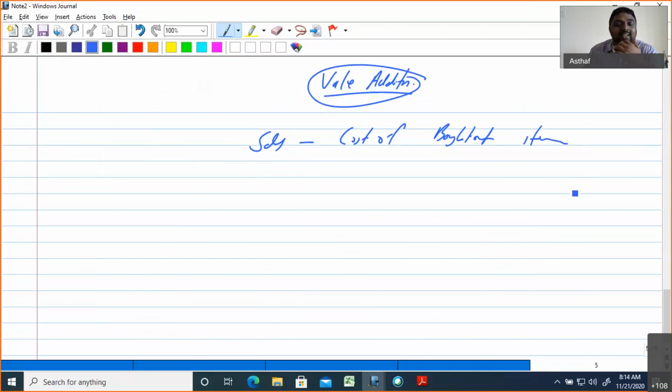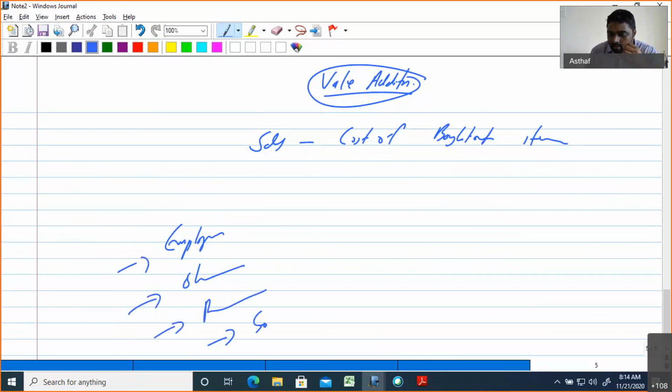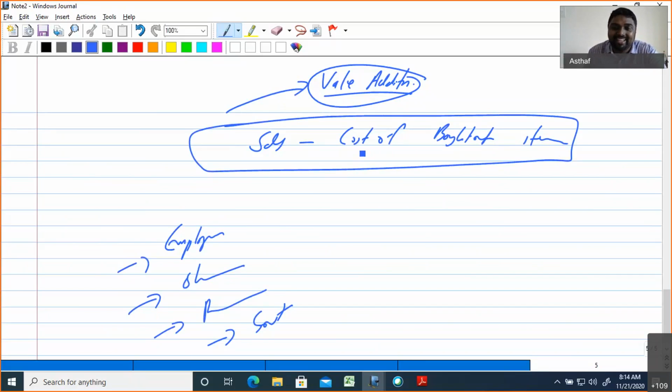That means the result or the output by the combined effort of employees, shareholders, providers of fund, government, all the stakeholders. The excess you are getting from the combined effort is called value addition. Simply we can say one format, sales less cost of bought out items.